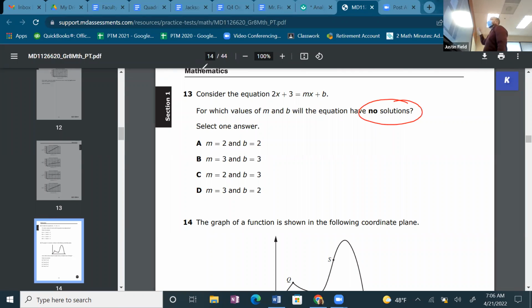No solutions. So we are just finishing systems of equations. And we know that systems of equations, when do lines have no solution? When they're parallel. Yeah, when they're parallel. No solution.